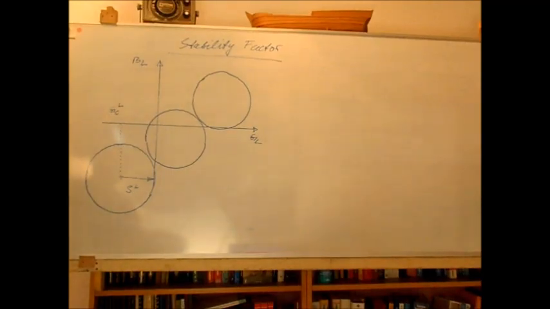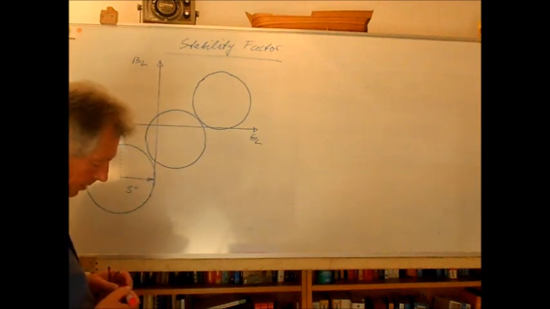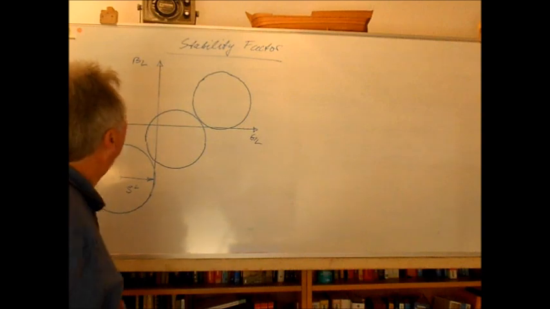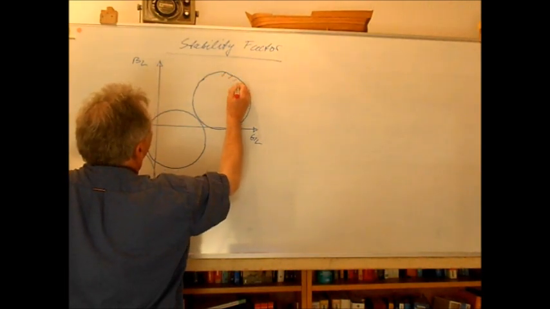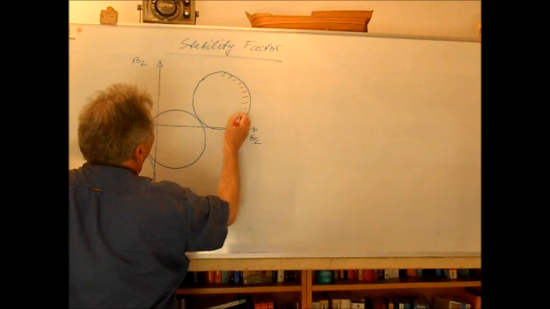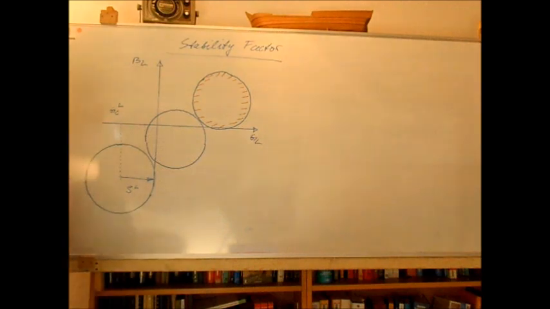So today I want to come back to the so-called stability circles. I sketched some circles in the load plane, and we saw that as soon as our load admittance comes out of the circle, the input admittance would be negative.